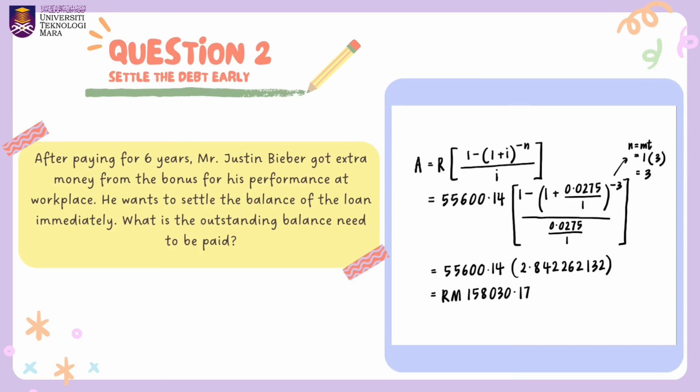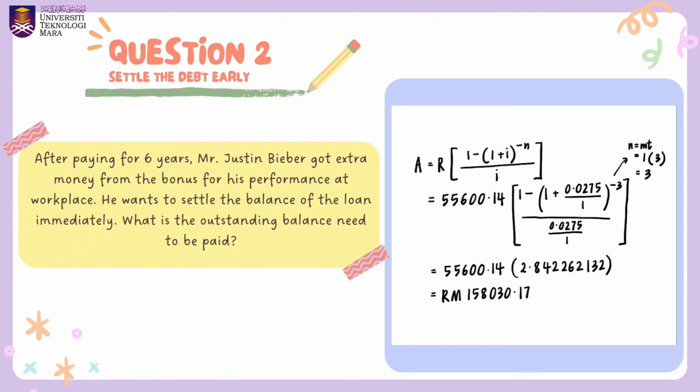For this question, we will be using the formula A equals to R times [1 minus (1 plus i) power of negative n] over i. It will equals to 55,614 cents times [1 minus (1 plus 0.0275 over 1) power of negative 3] over 0.0275 over 1.